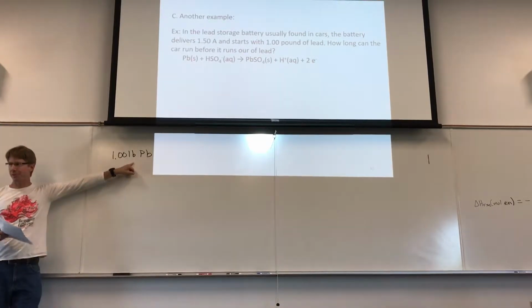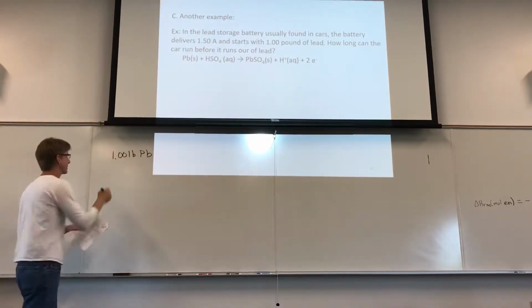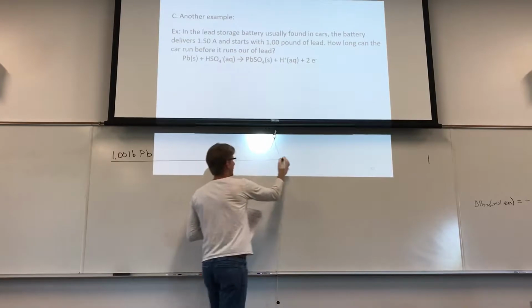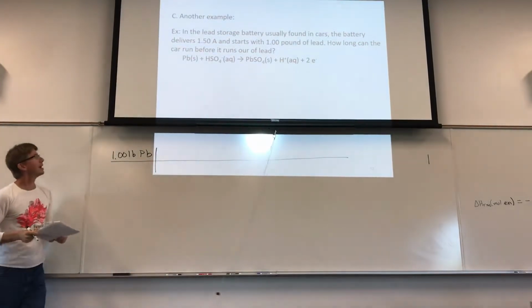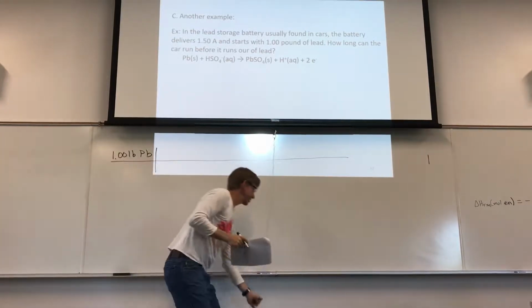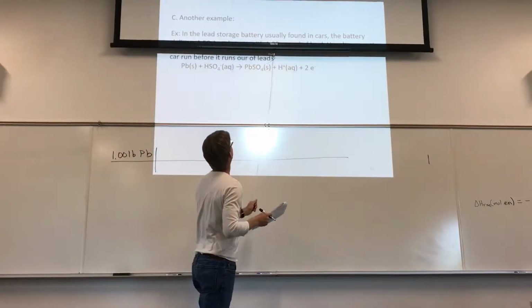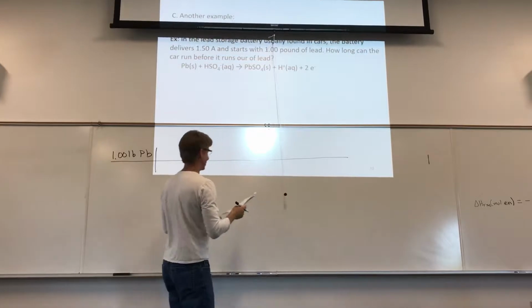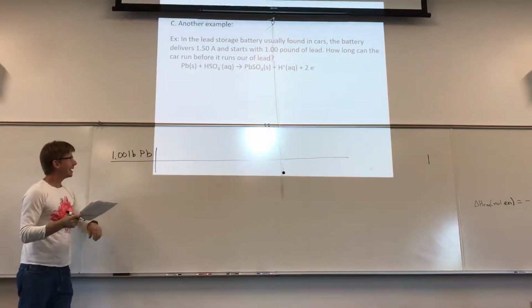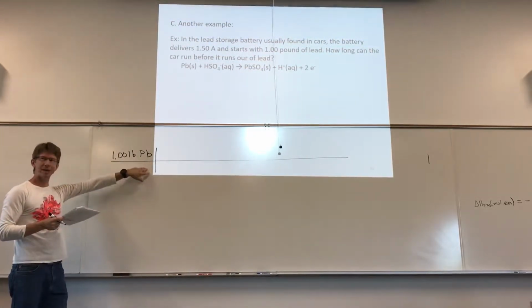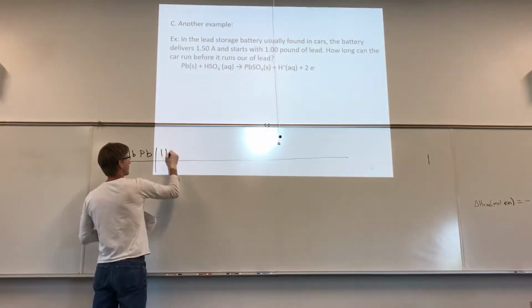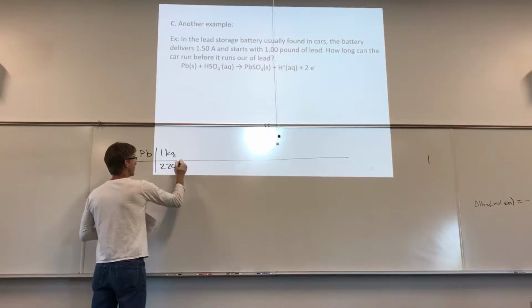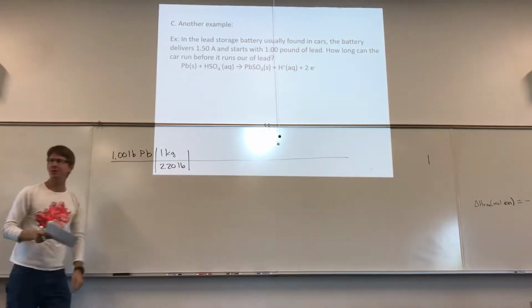And I'll use LB for pound here. This works better. Well, we'll see how it goes. So since we have pounds, we're going to convert that into kilograms. For every 1 kilogram, there are 2.20 pounds.